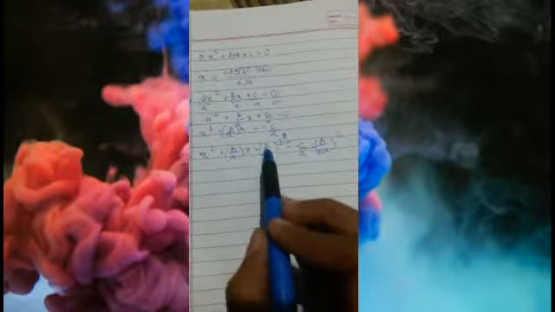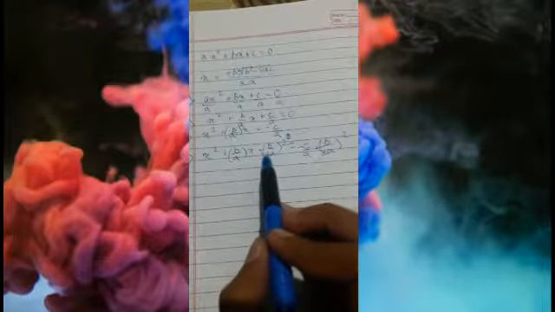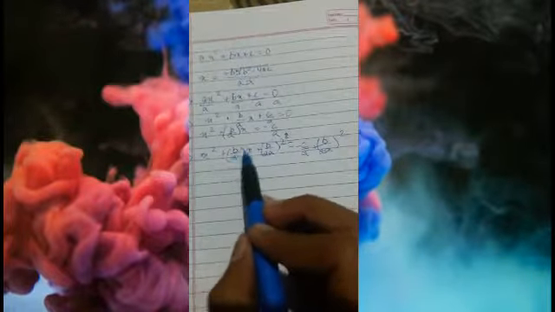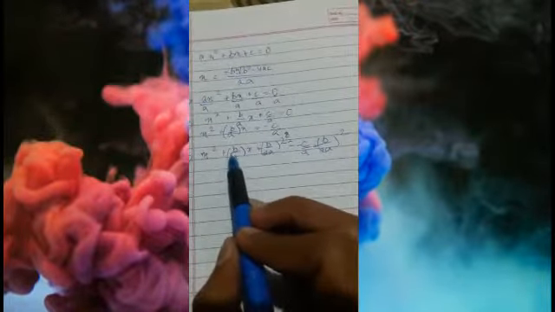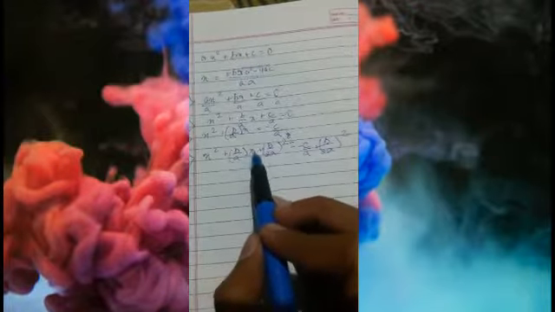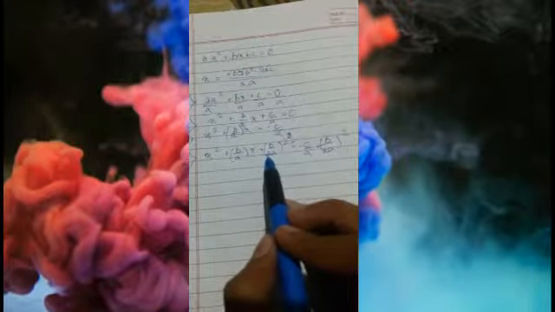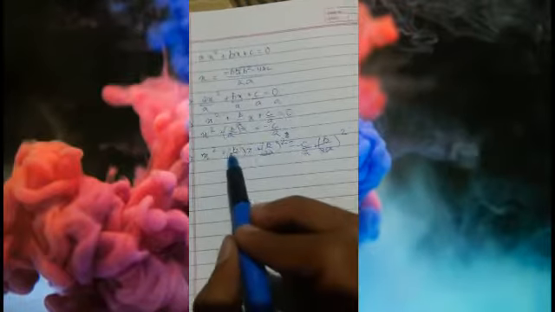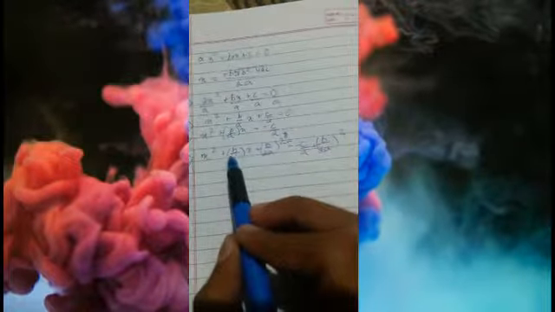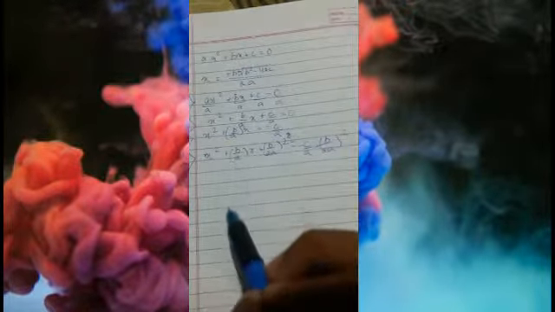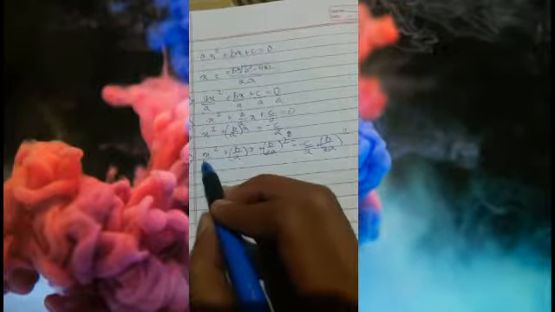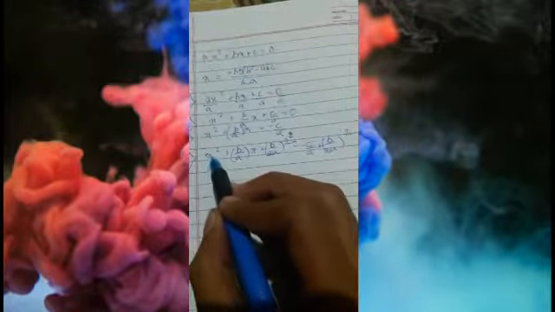Since we have added this term on the LHS, we again have to add this on the RHS: b by 2a whole square. Now why I did b by 2a here is that this term becomes 2ab, and since we have to keep this constant, I divided by 2 here so that when we make it 2ab, the 2 gets cancelled.